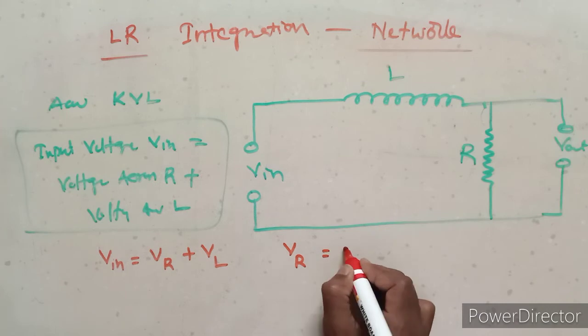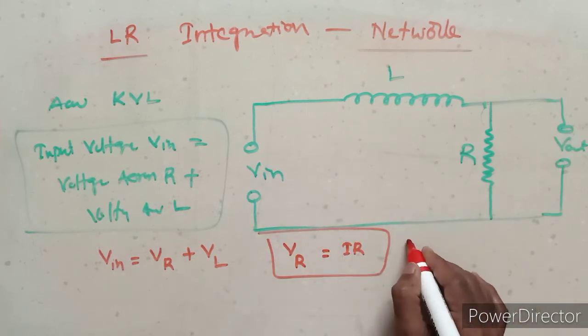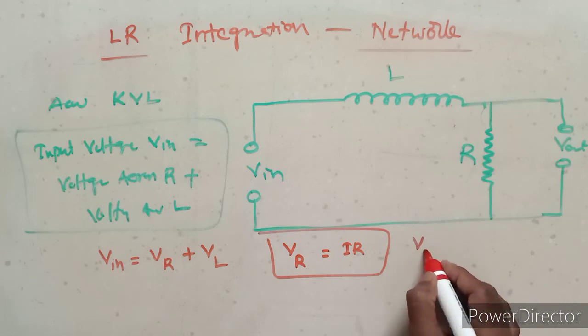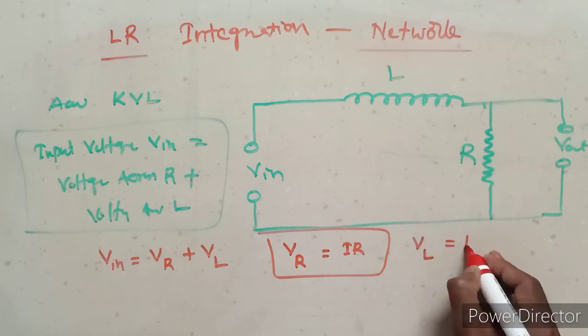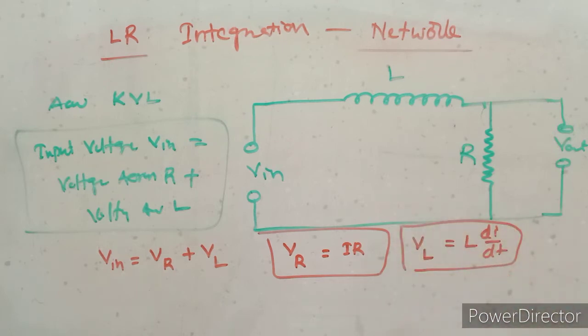The voltage across resistance equals IR. The voltage across inductance equals L di upon dt. These two formulas are substituted in this equation.